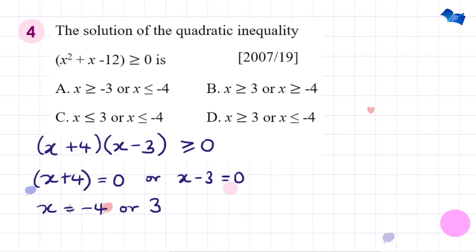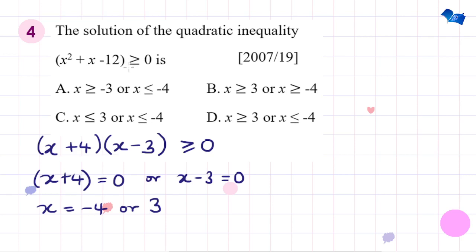Now, but this is not an equation, so you only got the values of x at a point, minus 4 or 3, but this is an inequality, so we need to get the range of values of x.